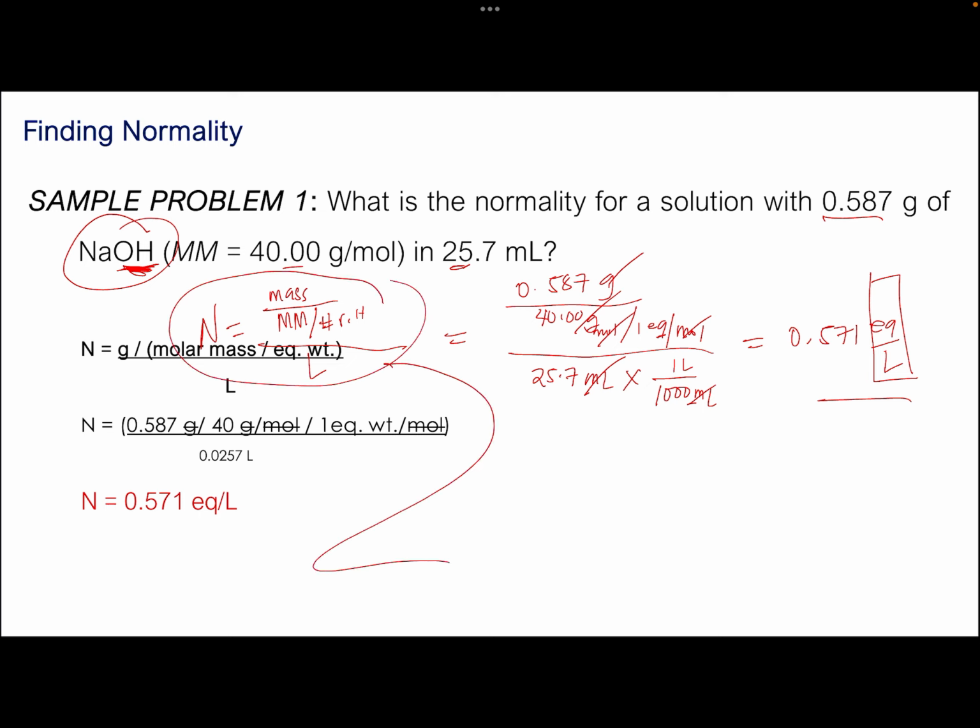We can derive this one: normality equals mass or weight of solute divided by EW times liter of solution. It is the same as in molarity or molality. You can use either formula, and the answer is the same.